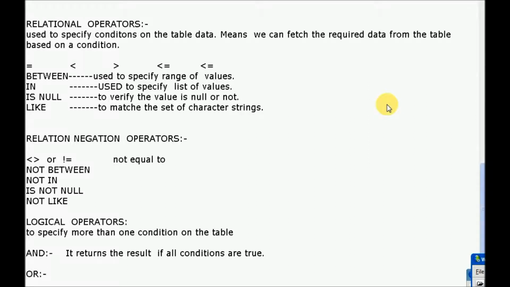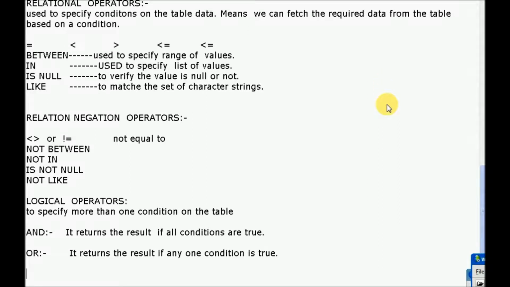The OR operator returns the result if any one condition is true. And the NOT operator is just the reverse of the condition.